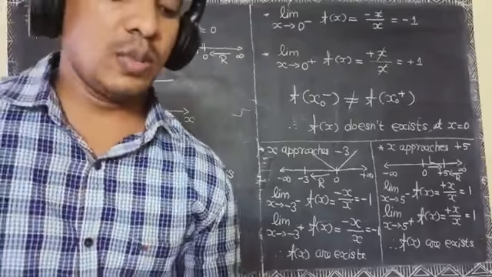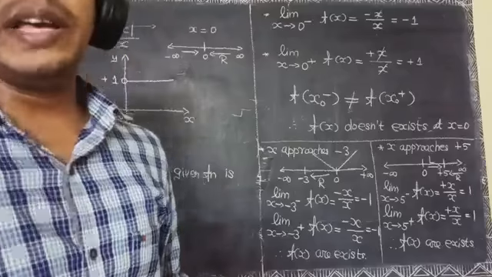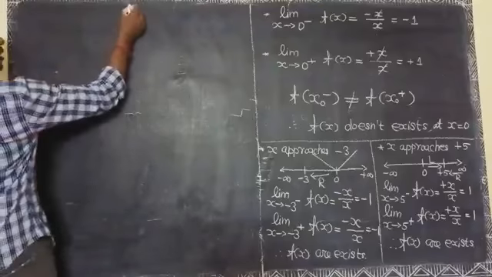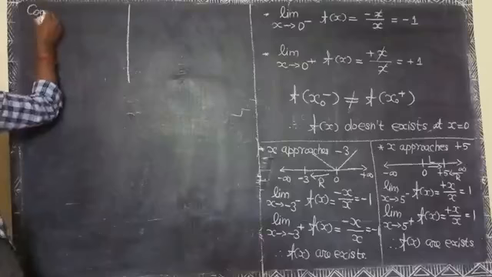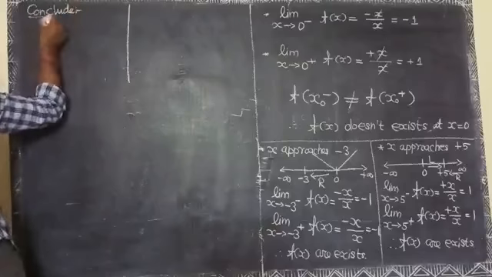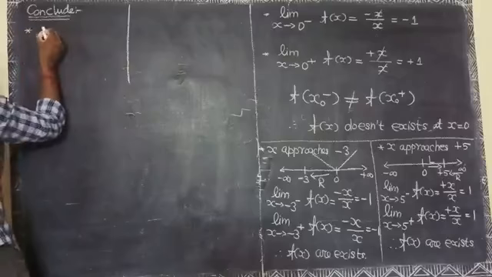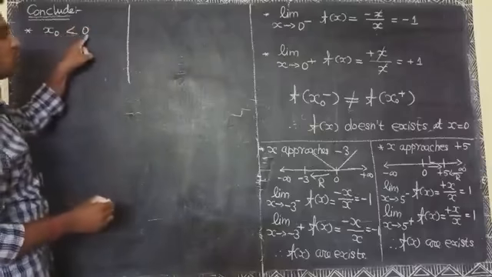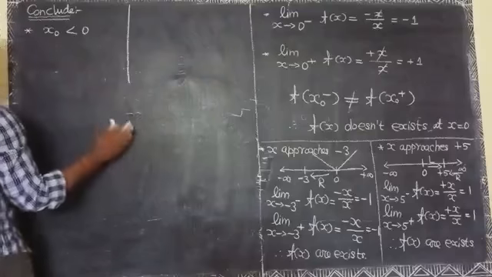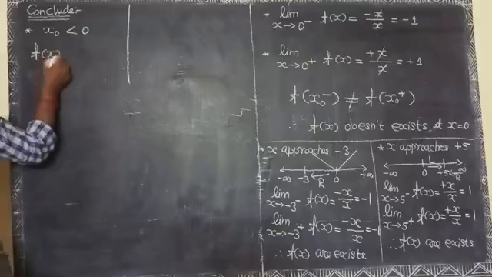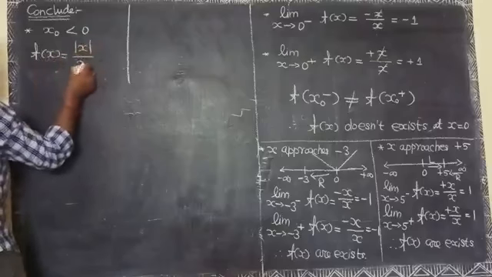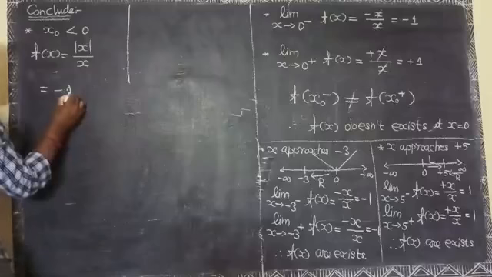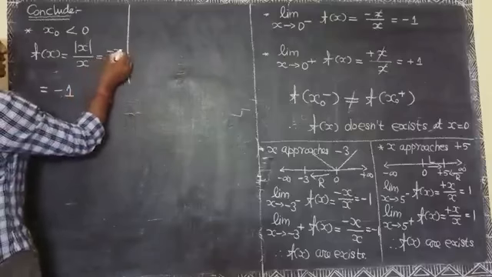One more additional conclusion: for any real number x naught less than 0, the function f of x, which is equal to modulus of x divided by x, gives the final result minus 1, that is, minus x divided by x.